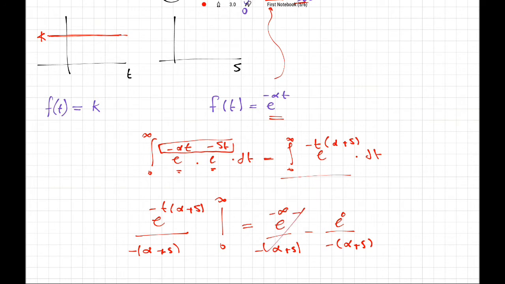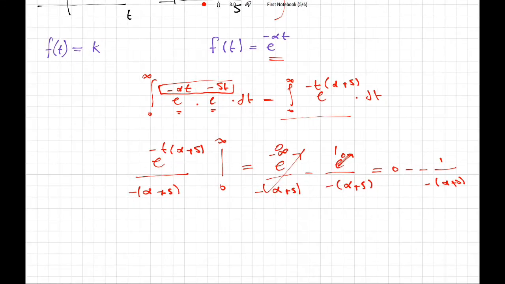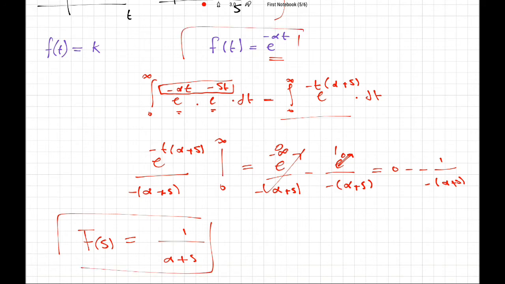Of course, the first is 0 and this is 1, so 0 minus 1 over minus alpha plus s, and this will give you 1 over alpha plus s. So the transformation of this function is this.